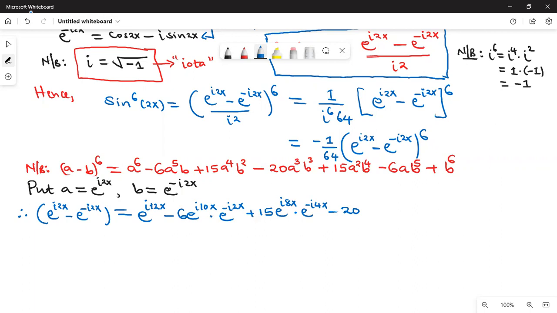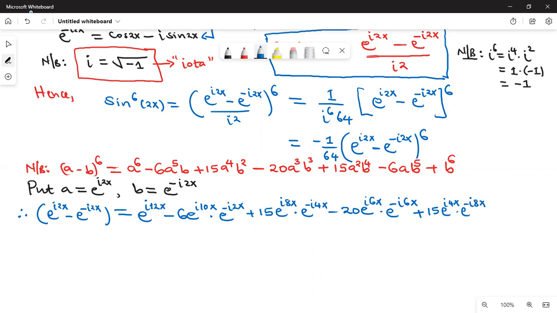There's a cubed, that is exponential i6x, again b cubed is exponential negative i6x. Then we have 15, a squared is exponential i4x, and b raised to 4 is exponential negative i8x.